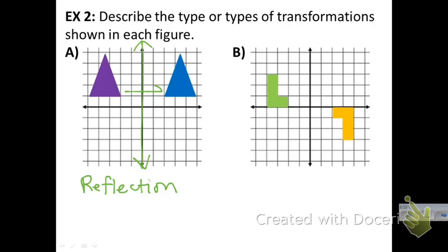Or you can see that it's been slid over, so what we call a slide is a translation. B has been flipped over, so we can see that it has rotated to that side, or we call it a rotation or a turn.